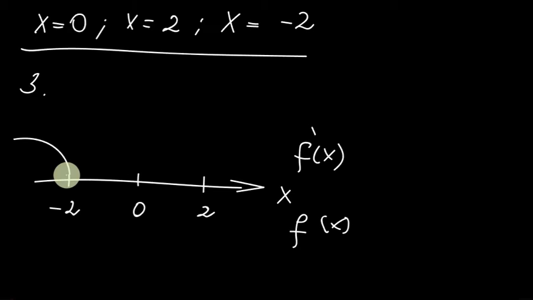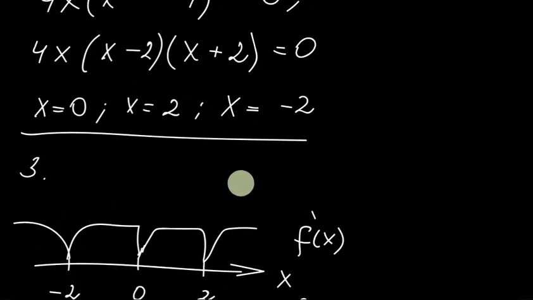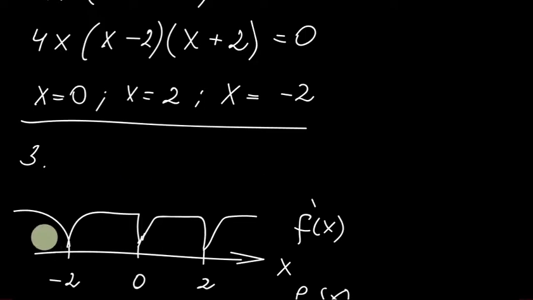Draw these intervals, and let's calculate in these intervals whether our derivative is positive or negative. If we take minus 10, for example, this will be negative, this will be negative, and this will be negative. So in this interval our derivative will be negative, because 3 minuses give us a minus.